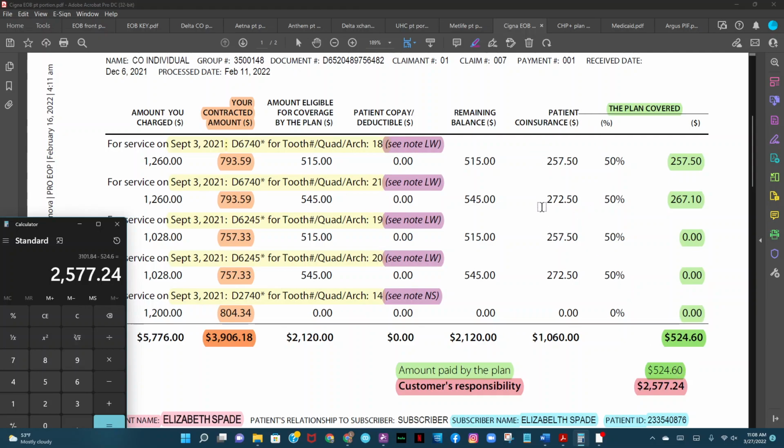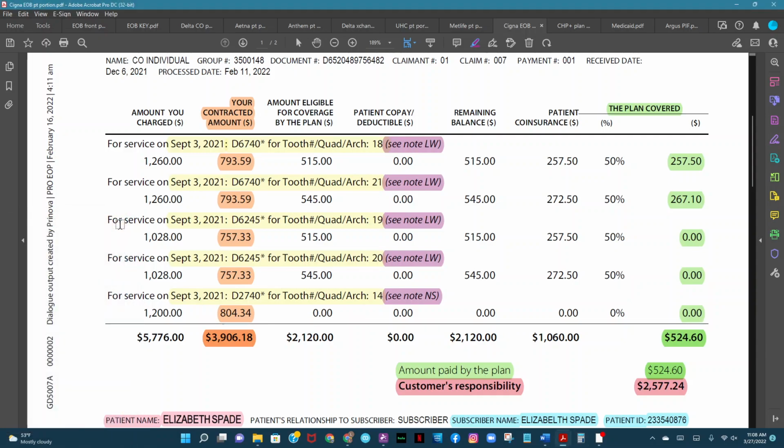So as you can see, patient coinsurance doesn't quite match up. It's a little weird, and whenever the patient wants a further explanation for one of these types of EOBs where it isn't very clear, the way it works is, as you can see, the amount eligible for coverage by the plan is this fee here.